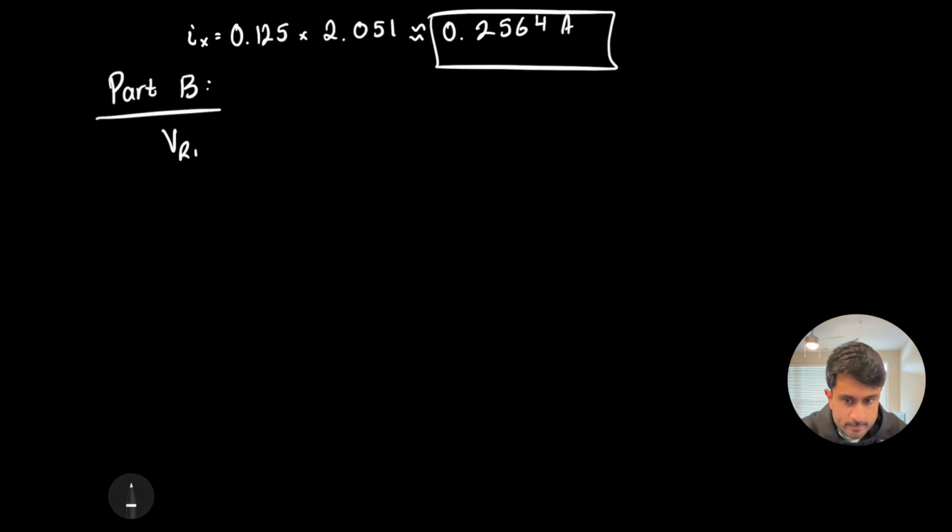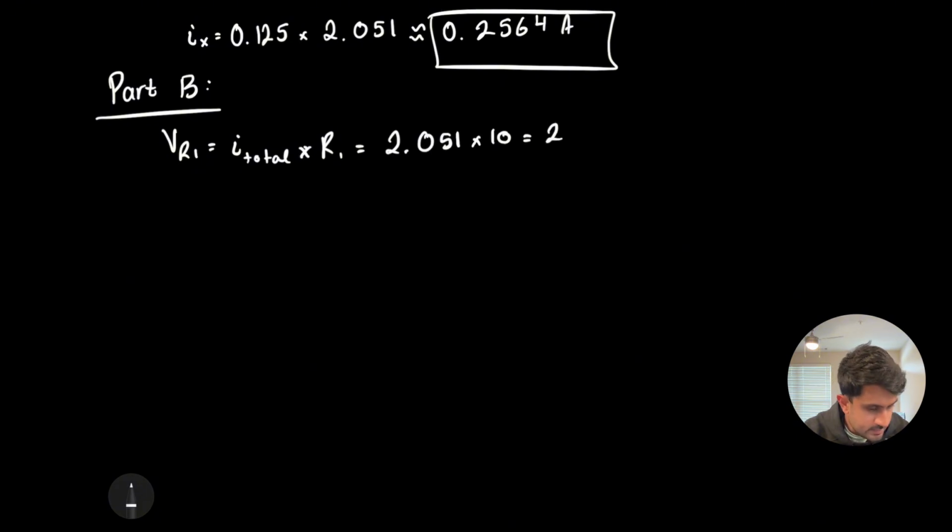Voltage R1 is going to be equal to I total multiplied by R1, which equals 2.051 times 10, which is 20.513 volts.